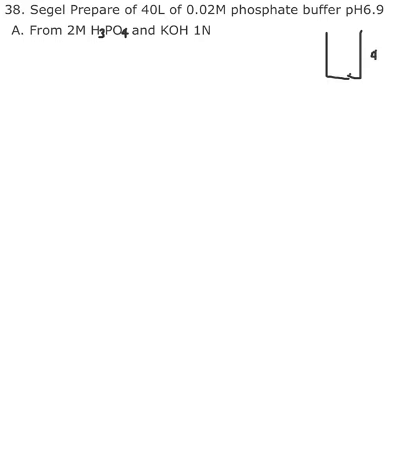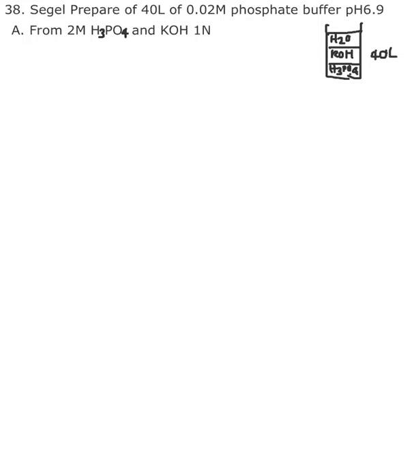First you have to calculate the volume of H3PO4 that you're going to put there, and then you also need another component, KOH. And if these two additions have not reached 40 liters yet, you also need to top up with water to reach 40 liters.